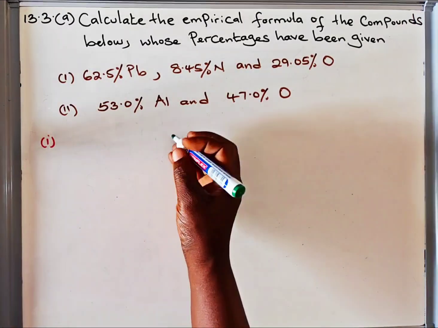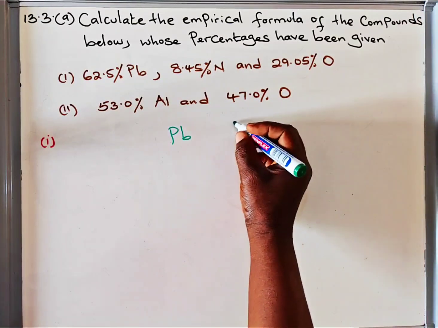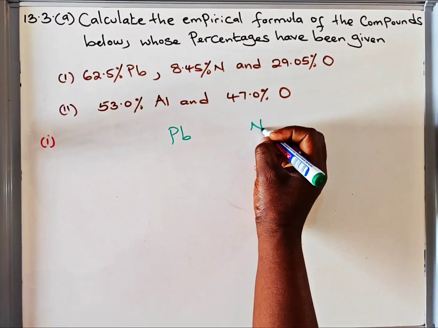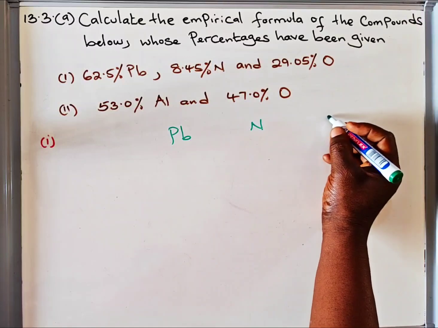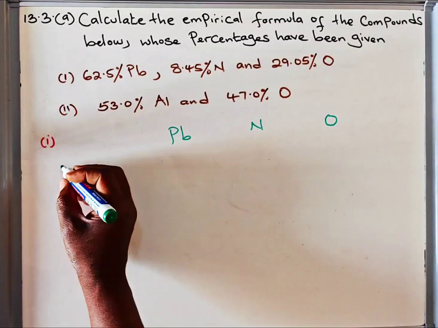You have lead, you have nitrogen, and you have oxygen. Okay, and what do you do? You put the percentages.